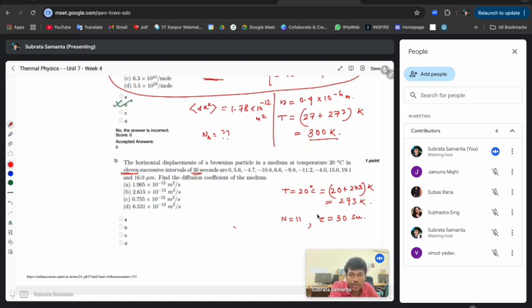The horizontal displacement of a Brownian particle in the medium in 11 successive intervals of 30 seconds is 0, 5.6, and so on, up to 16 micrometer.